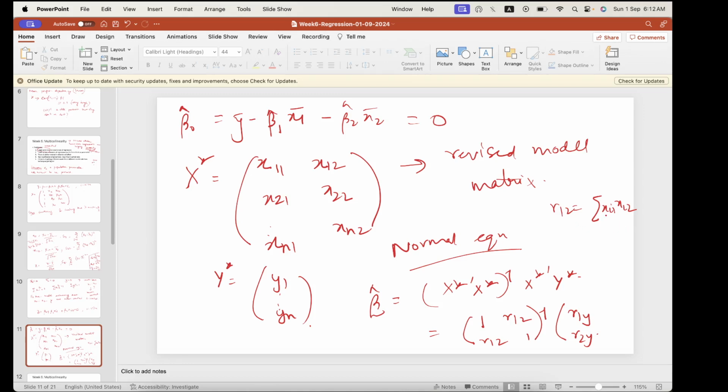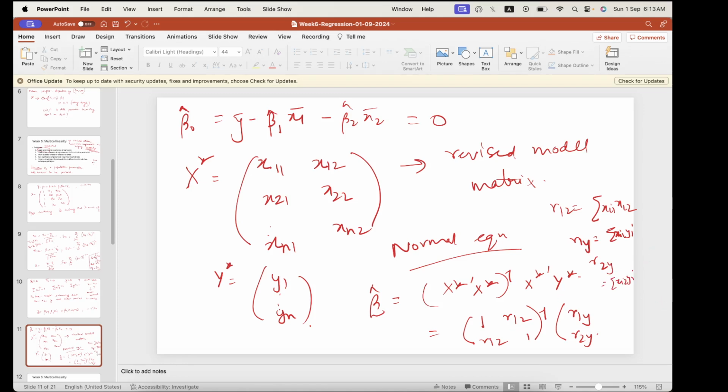So r12 will become the summation of xi1 xi2. And r1y is the summation of xi1 yi, and r2y is the summation of xi2 yi. Only the cross product terms.